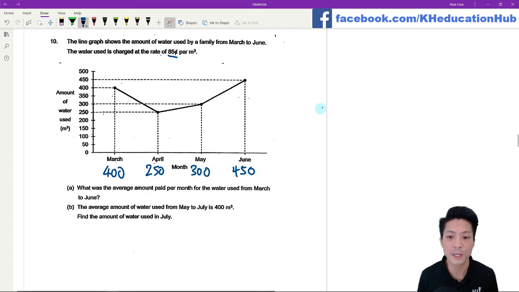Which means that we just need to add all together and divide it by 4.